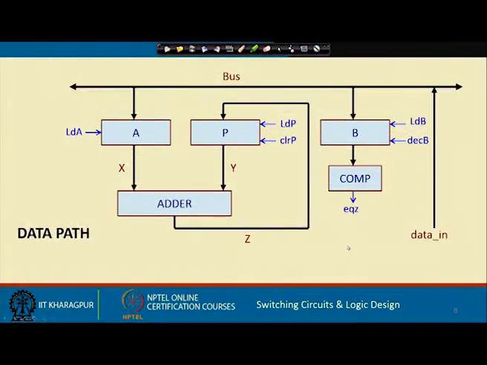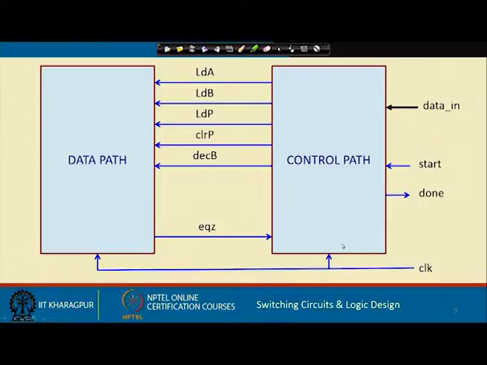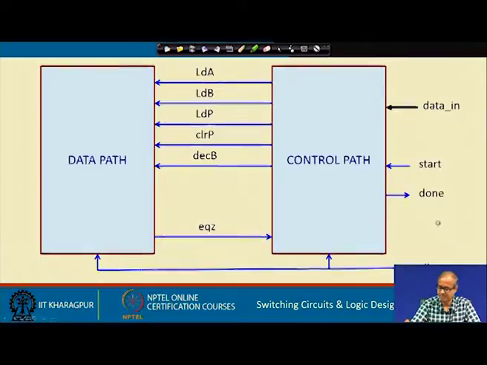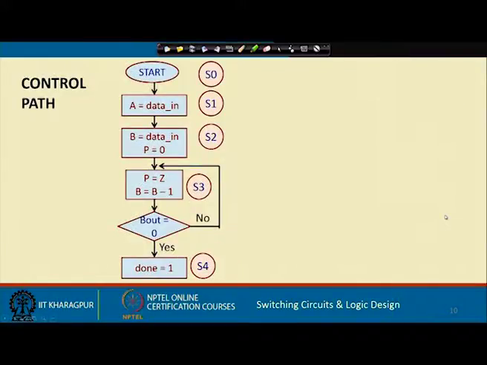For the control path, the idea will be like this: there will be a data path like this and there will be a control path like this. The signals I have already mentioned are the control signals for the data path which the control path will be generating, and this equal to 0 signal will be an input for the control path, and these are some external signals: start, done, and a clock is coming. I am not showing you the complete design of the control path, I am just showing you this will be an FSM.